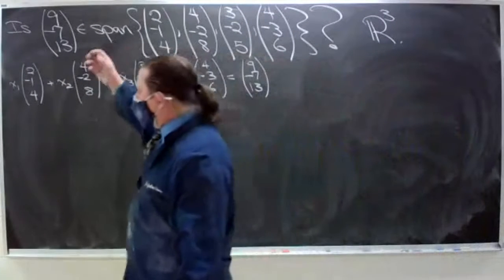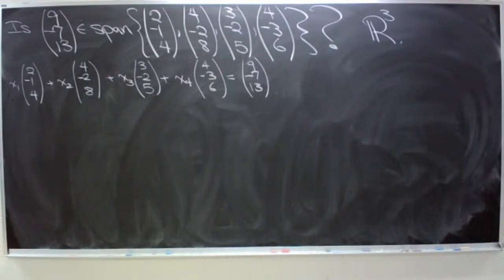All right? When written in this form, it's called a vector equation.